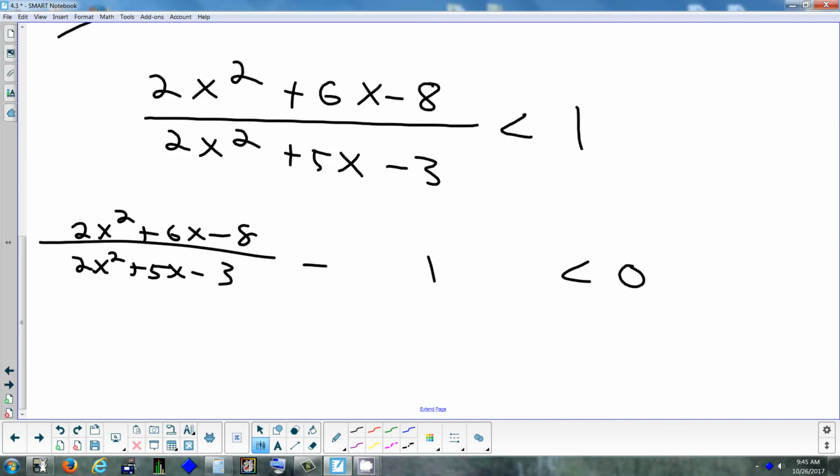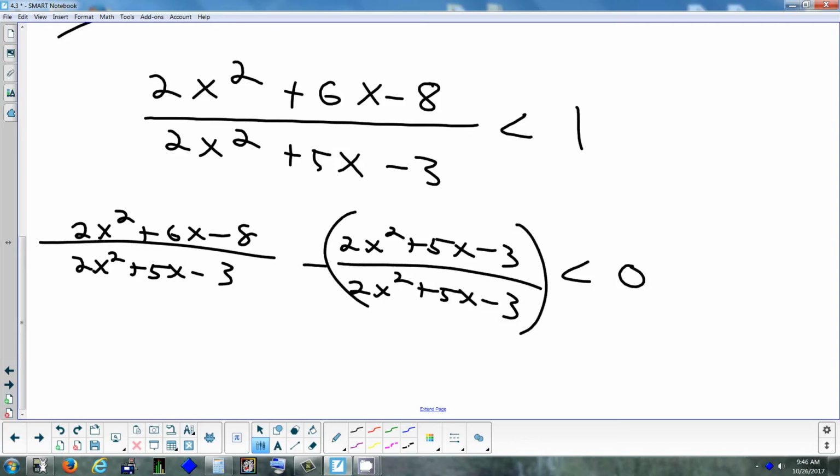I'm not going to write 1 as minus 1. Okay. I want to write it like this. Can someone tell me why that is the same as minus 1? Yeah? Because anything over itself is 1. Yeah. I just wrote 1 a really complicated way, but there's a reason why I did that. Does anybody know why I wrote the number 1 that way?